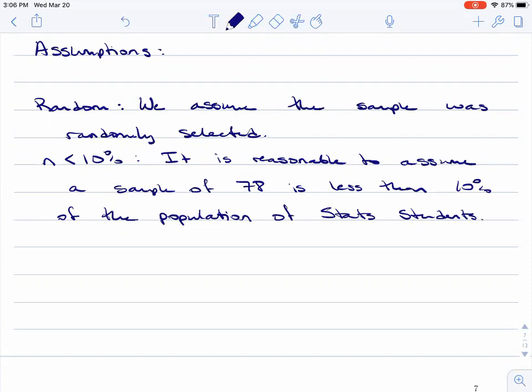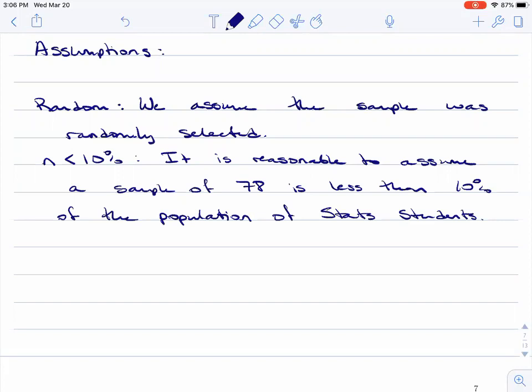I'm only throwing in stats because it's about a stats test, so obviously you have to be in stats to write this test. But besides that, I'm not clarifying stats students at the college, in Kelowna, in BC, in Canada, in the world. I'm just leaving it open.